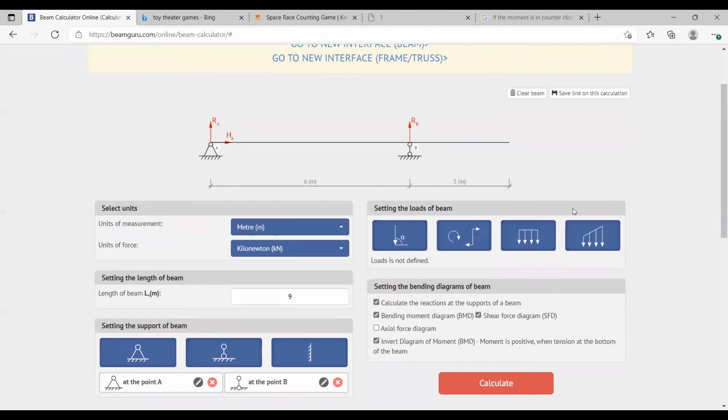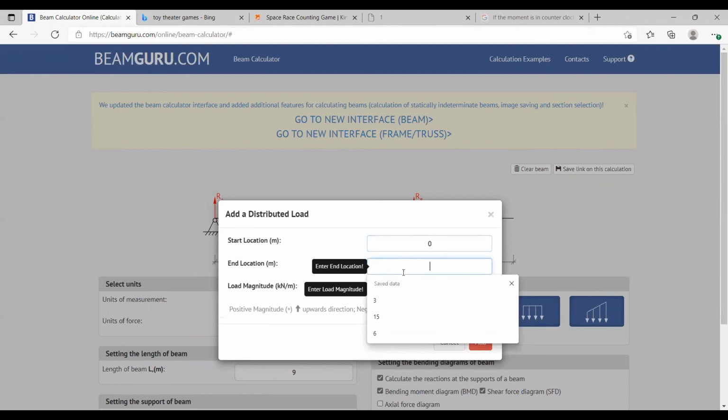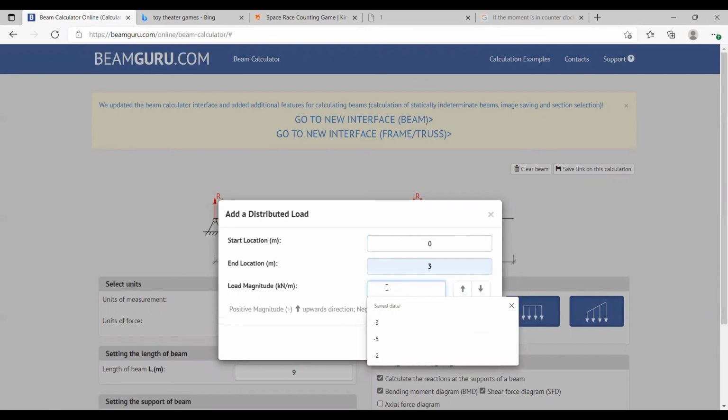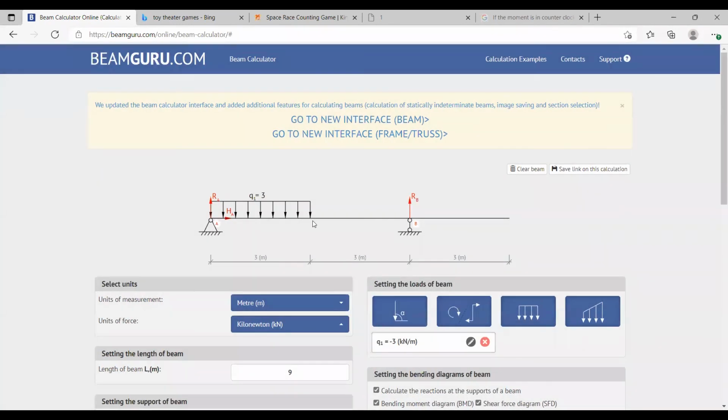We have a uniform load, 3 kilonewtons per meter. Starting location is at 0, and it goes all the way to 3 meters. And the load magnitude is 3 kilonewtons per meter, which means I have to add the value in negative, or you can just add 3 and then add the direction going downwards. So here is our uniform load. Also, we have a point load all the way at the end.